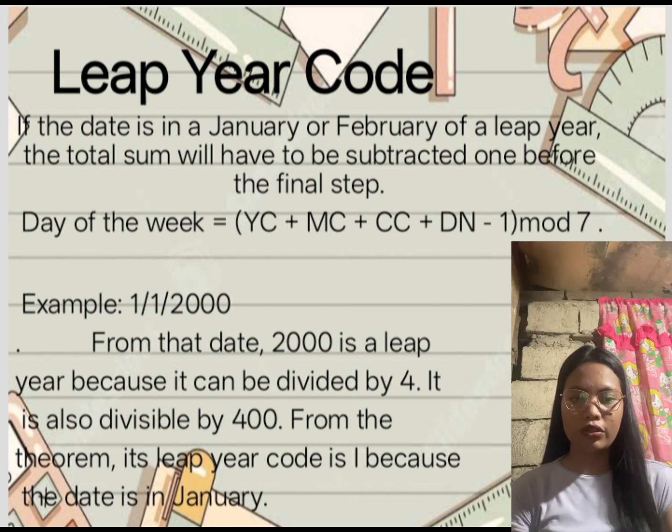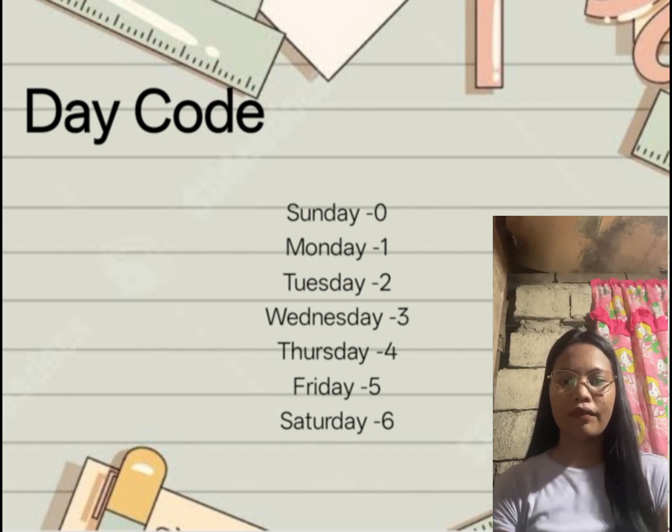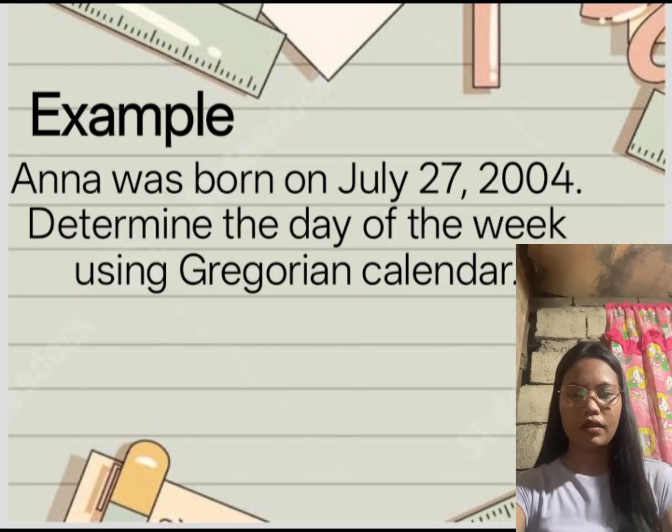Its leap year code is 1 because it is in the month of January. For the day code, Pope Gregory XIII determined the codes for the days of the week as follows. We have 0 for Sunday, 1 for Monday, 2 for Tuesday, 3 for Wednesday, 4 for Thursday, 5 for Friday, and 6 for Saturday.